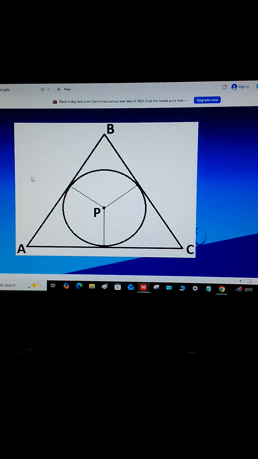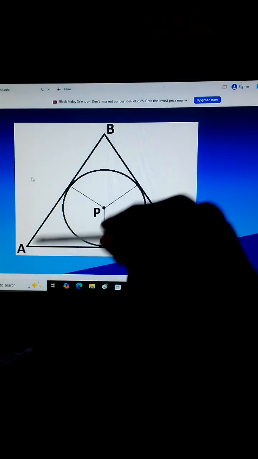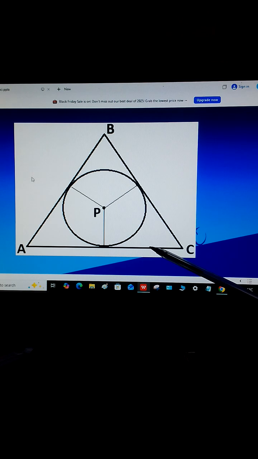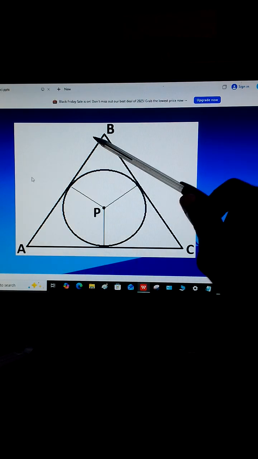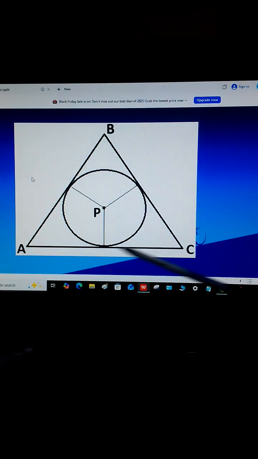Now next we have the locus of a point P inside triangle ABC, such that the point P is equidistant from the sides AB, BC, and AC. So we find that the locus will be the center of the inscribed circle.